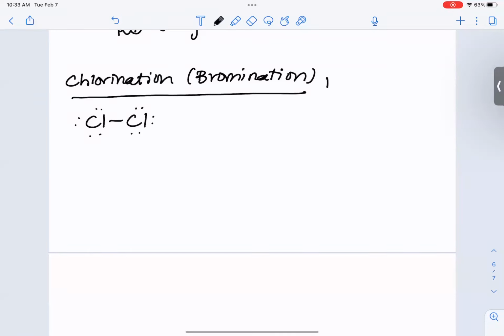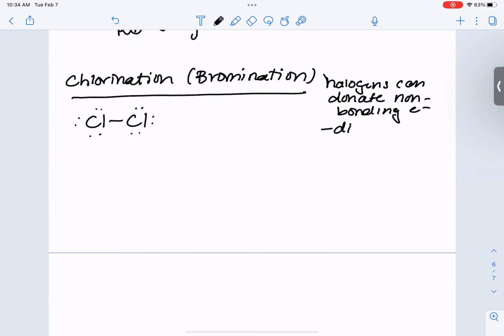Right? Your halogens can donate those non-bonding electrons. We are going to see that halogens, particularly your diatomic neutral halogens, are weakly electron donating.